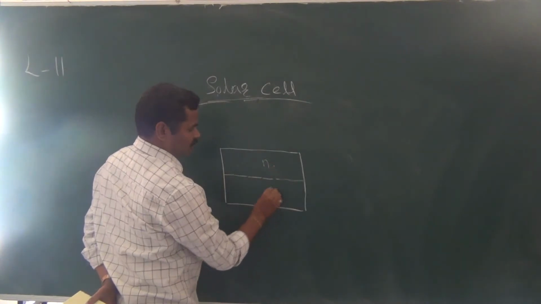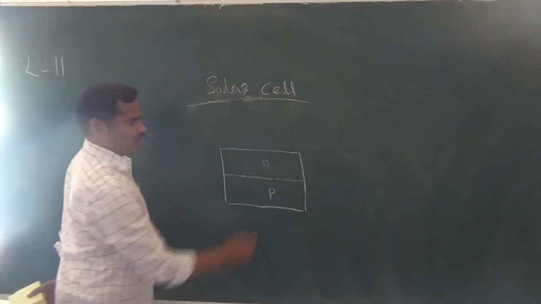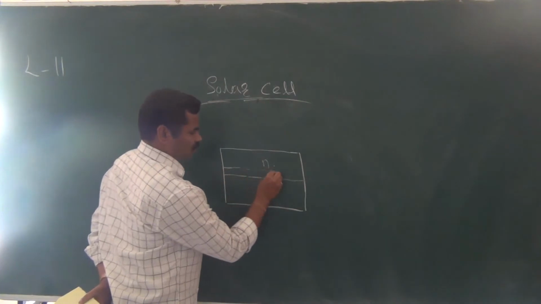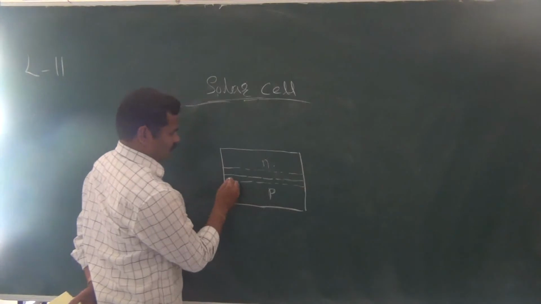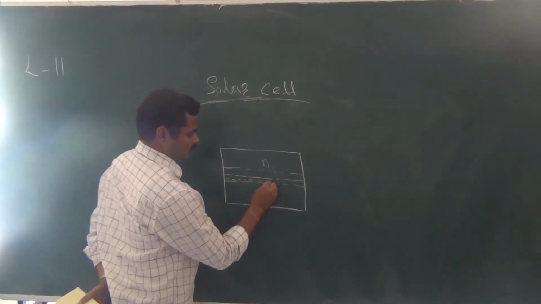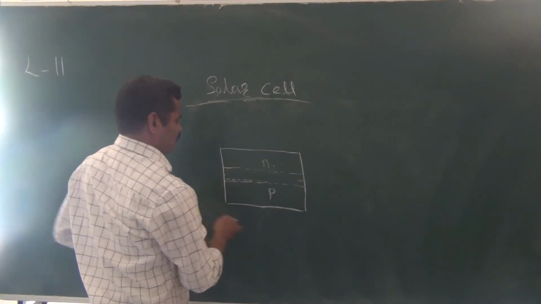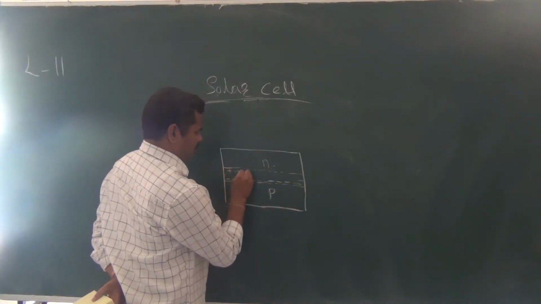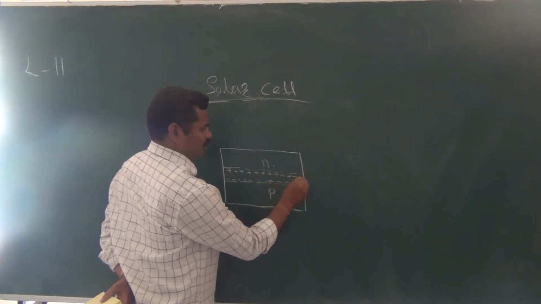Here you have the junction, also having a depletion layer. Consider it like this: it contains negative ions here and positive ions here. This is what you know as the depletion layer.